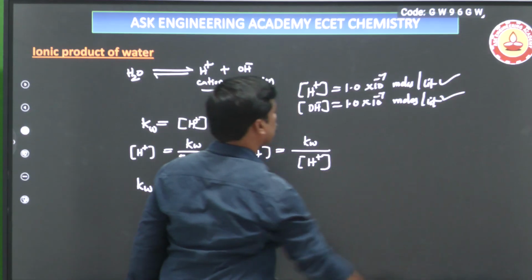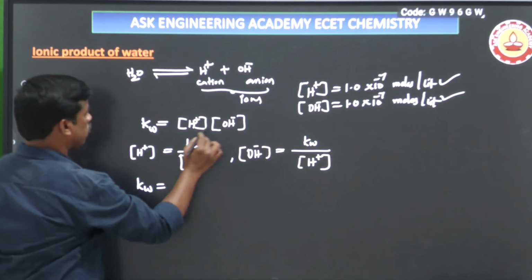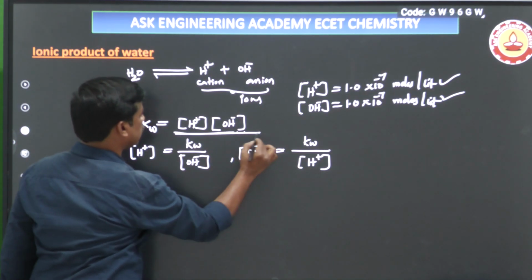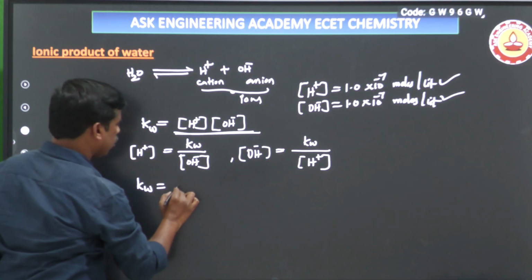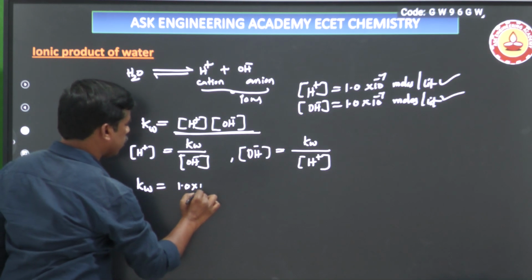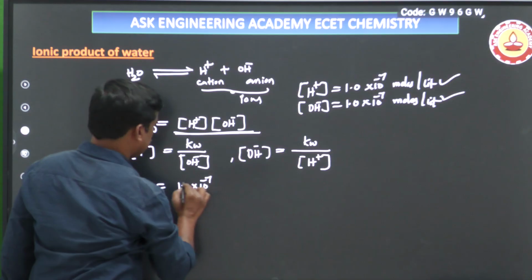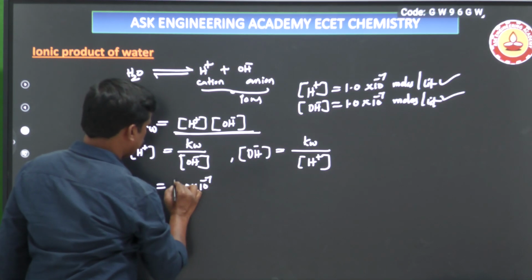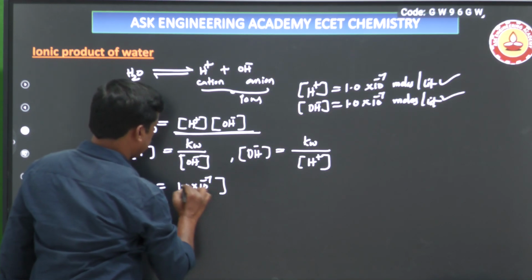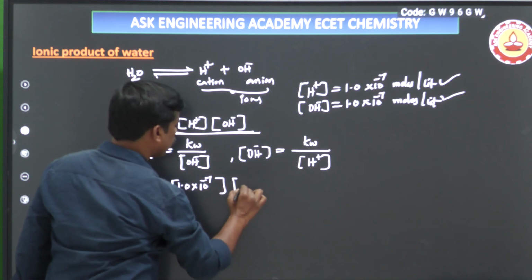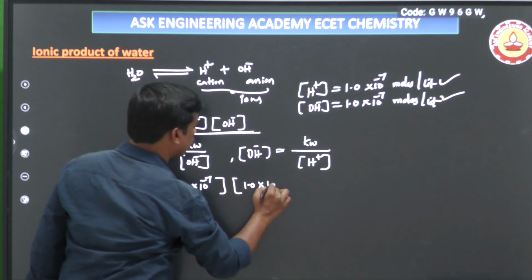These two values you can substitute in this equation. Kw is equal to 1.0 into 10 power minus 7 times 1.0 into 10 power minus 7.